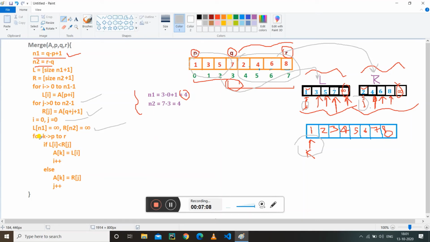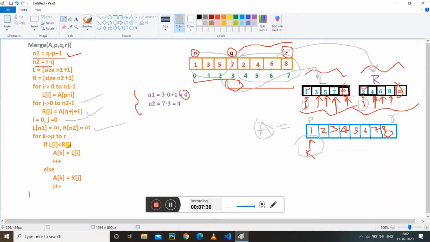Now for k from p to r, because basically this whole array is actually A, we are going to copy everything from these back to A, overwriting all the values of A. So we didn't require any extra space to sort A again or to merge it here.